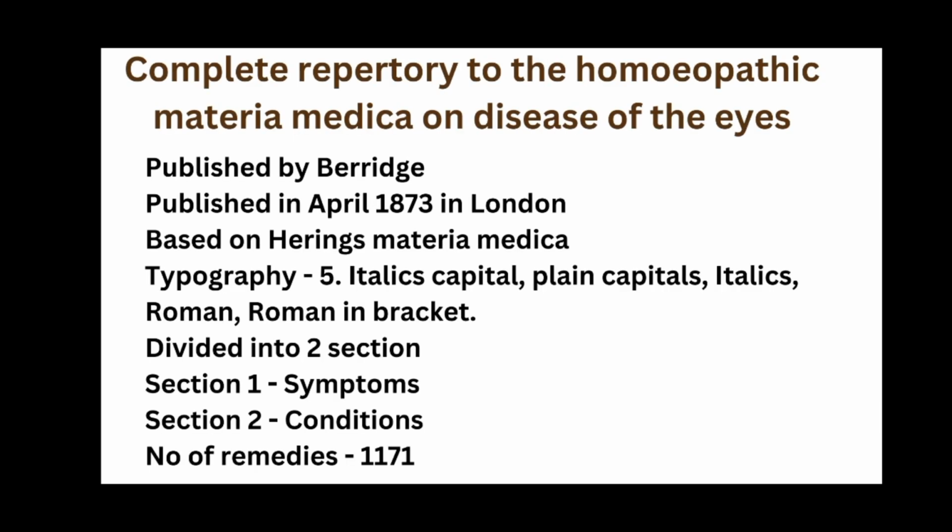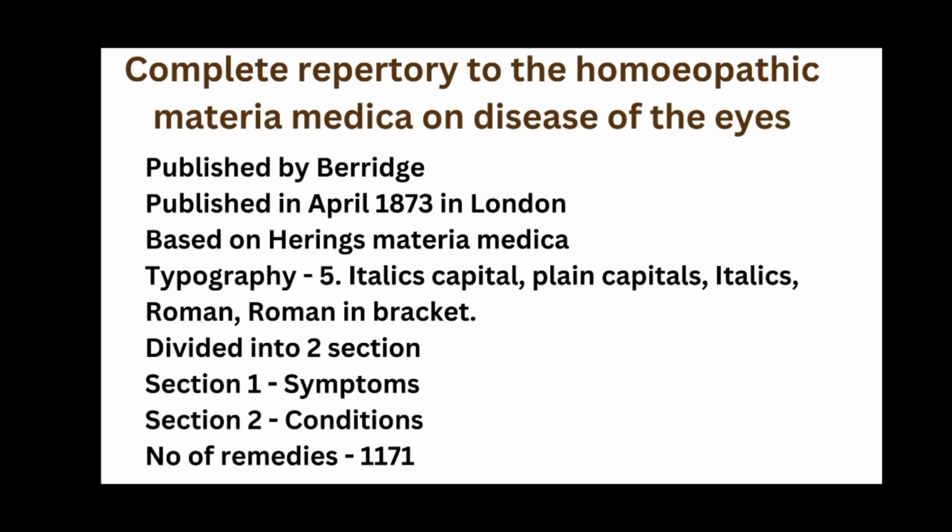Next is complete repertory to the Homeopathic Metramedica on diseases of eyes. It is published by Berridge. So it is popularly known as Berridge Eye Repertory. It is published in 1873 in London and it is based on Herring's Metramedica. So there are total 5 typography used in this repertory: italics capital, plain capital, italics, Roman and Roman in bracket.